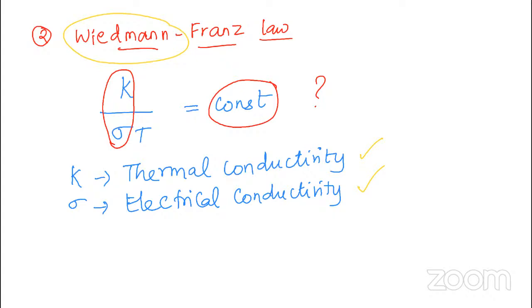Okay, so keep in mind that the thermal conductivity and electrical conductivity are related with Weidmann-Franz law. Okay, so the ratio of K by sigma value should be constant. அப்படின்றத நம்மளுக்கு ஞாபகம் வரணும்.